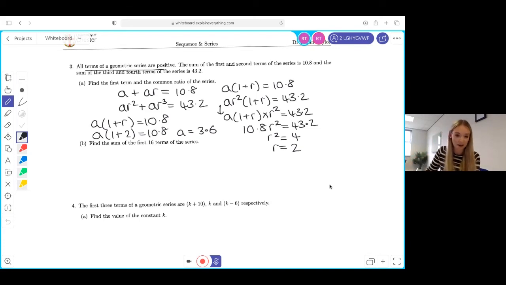So here we've just got find the sum of the first 16 terms. And then that's just subbing it into our formula. So A times 1 minus R to the power n, to the power 16, all over 1 minus R, when my R is 2. And I'll let you work that one out.